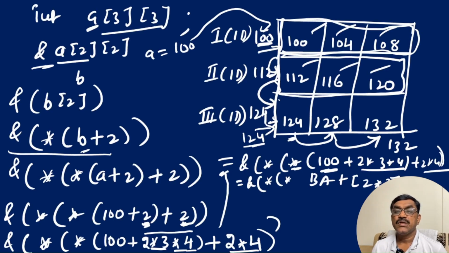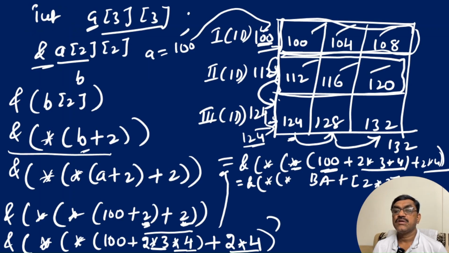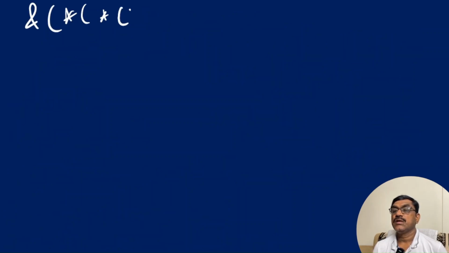Now, once again, we are rewriting the statement. So what we have written here is &*(*(100+2)+2). I'm writing 100 plus 2 here, and here I'm writing plus 2.